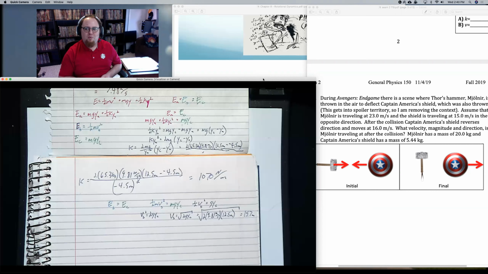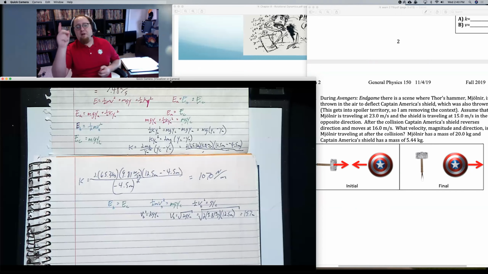I legitimately don't remember. You did the Spider-Man and the bird. Yeah, Spider-Man and Vulture, which bounced off each other. Okay, so last class I did one where the two things came in and went off, but up and down. This one is the same thing, just side to side.